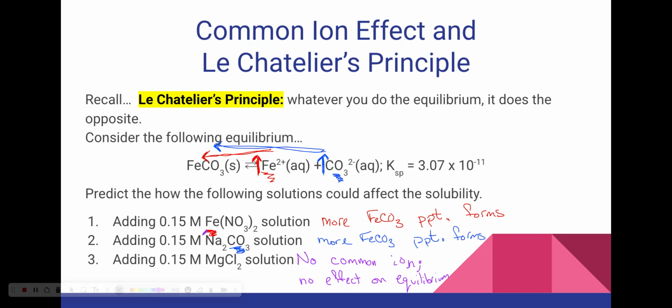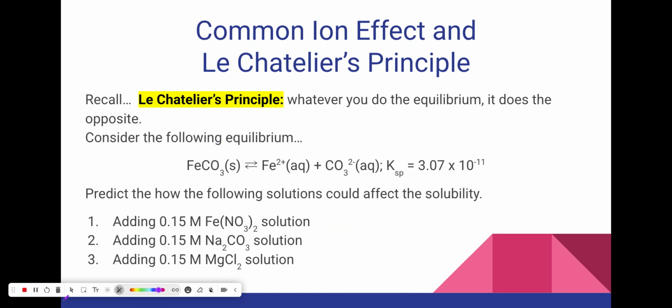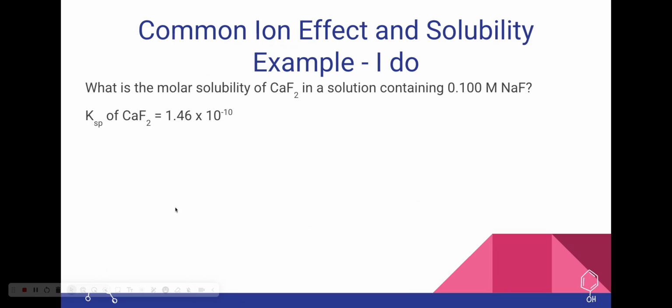All right? So with that all in mind, I think we need to see the common ion effect and how it would affect the solubility of a solution. So it says, what is the molar solubility of calcium fluoride in a solution containing 0.100 molar of sodium fluoride if the KSP of calcium fluoride is 1.46 times 10 to the negative 10th?